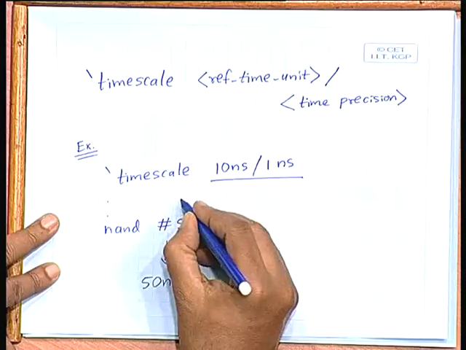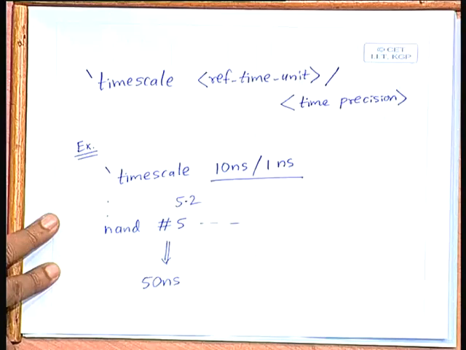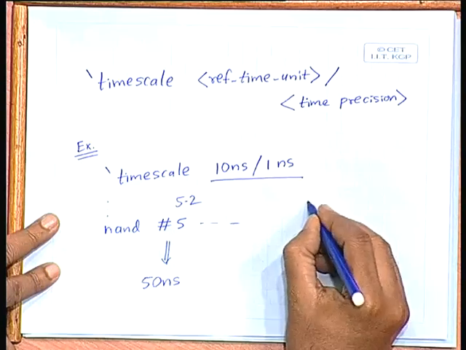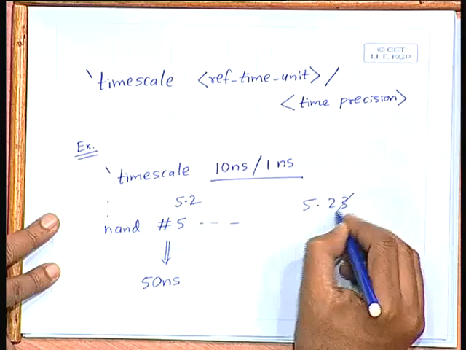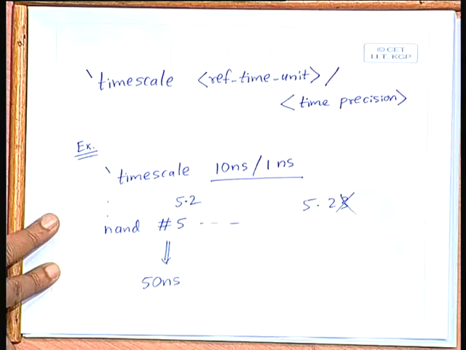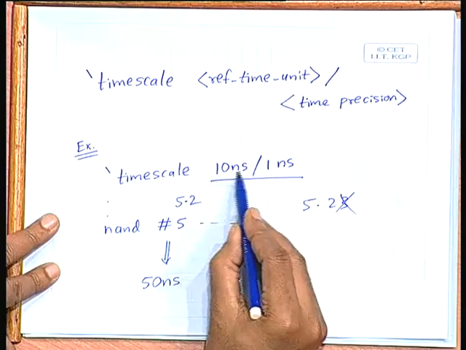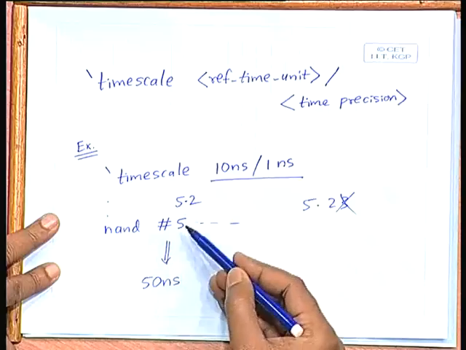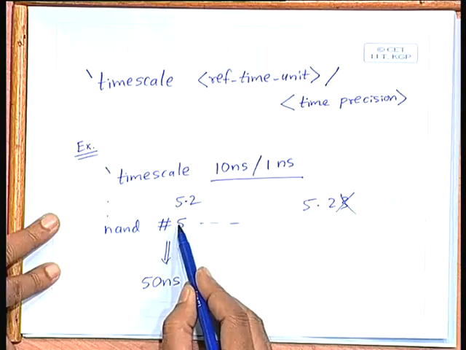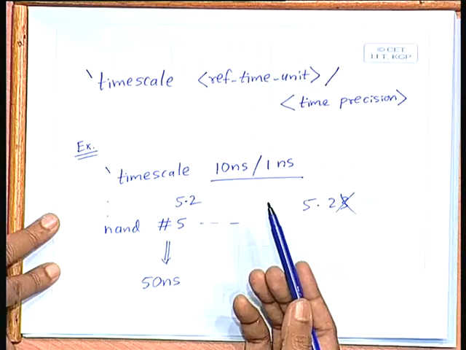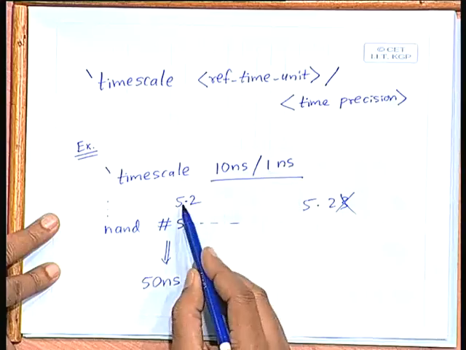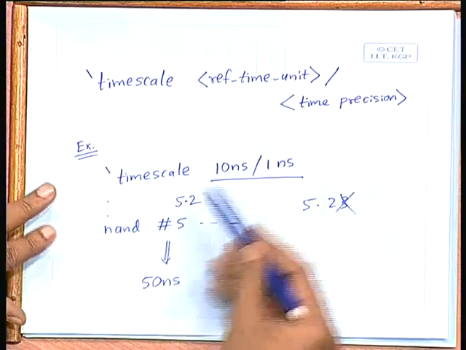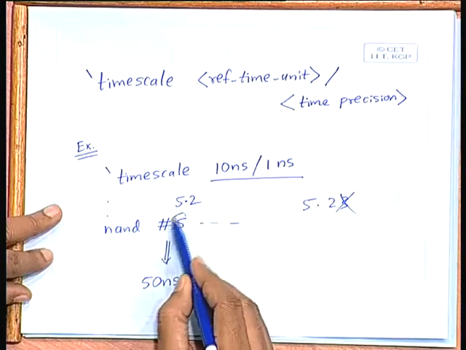I can specify 5.2 also, but if I specify 5.23 then this 3 will be ignored. The first number represents the reference time unit with which the specified numbers will get multiplied. The second one represents up to how many decimal places, that is, the precision with which you can specify this time.